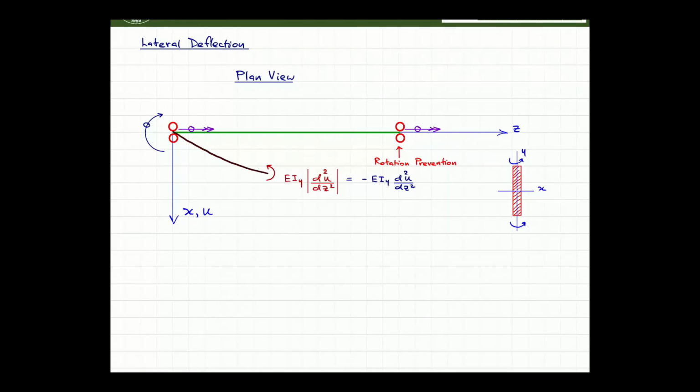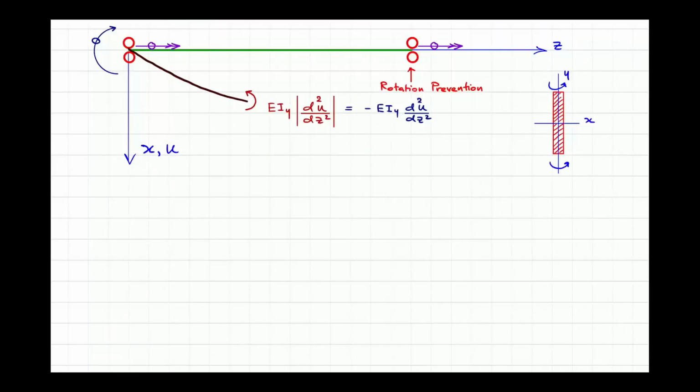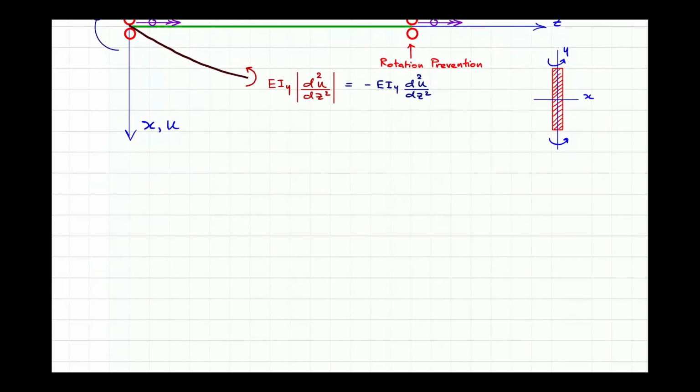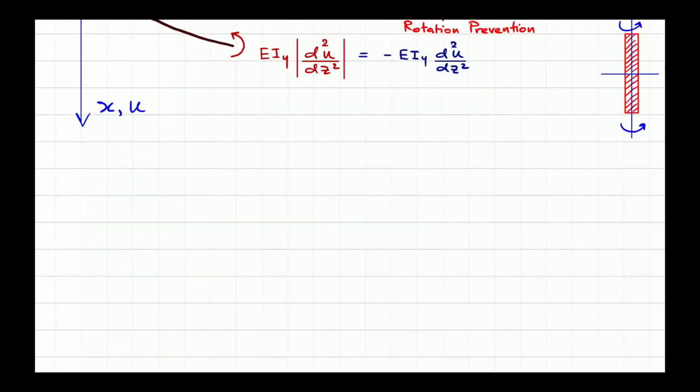Then we take a look at this fact. This is the prime axis, X and Y. Wait, I change the color first.